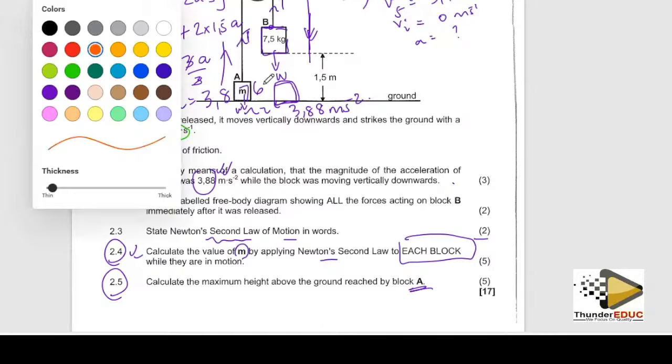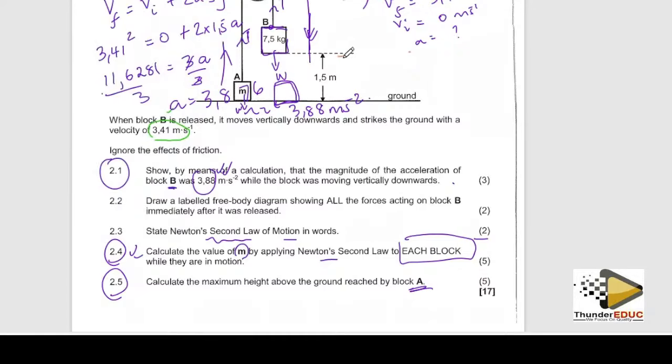Now, since block B is going to move 1,5 meters down, we expect block A to also move more or less the same distance up. But because of the 3,41 meters per second, and because of inertia, this body will continue moving upwards till this velocity dies to a 0.